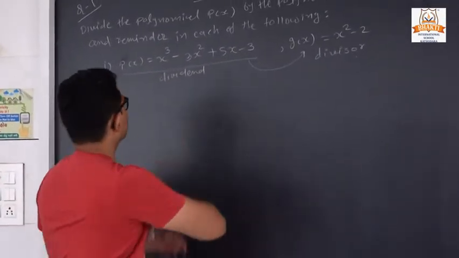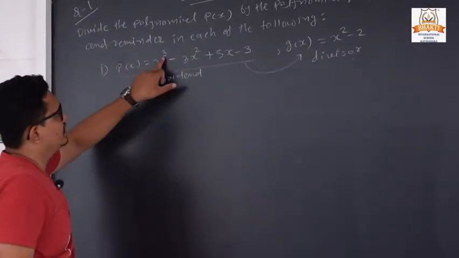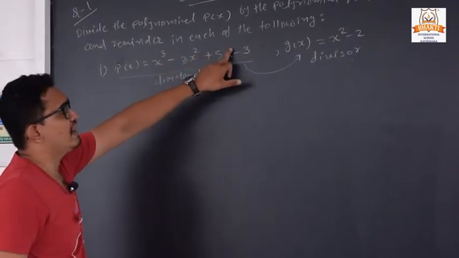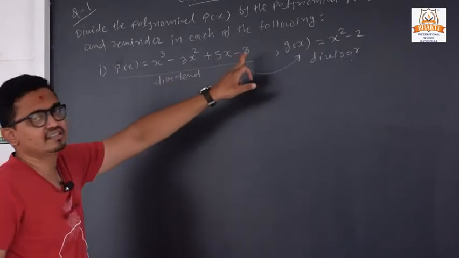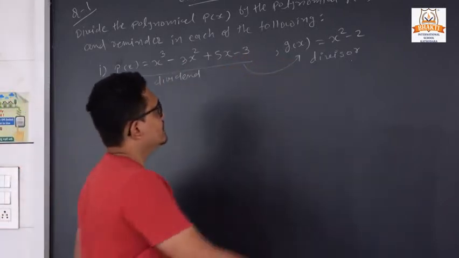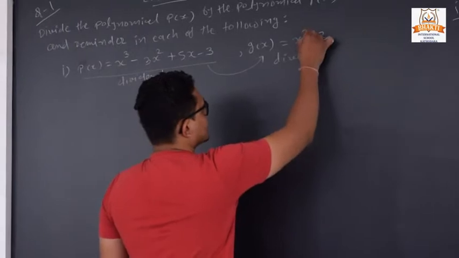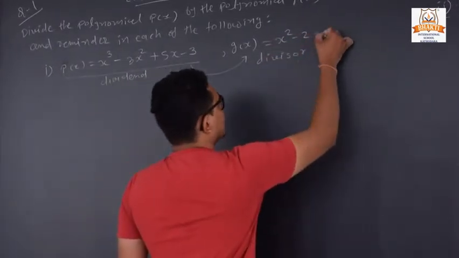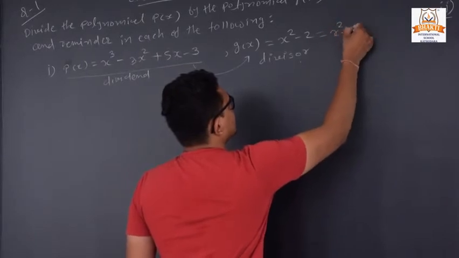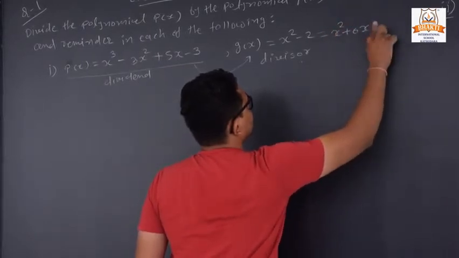So here see, x cube, then x square, then power 1, and then the constant term. So here all the terms are in sequence. But in the divisor, after the x square comes directly the constant term. So we can also write it like that: x square plus 0x minus 2.